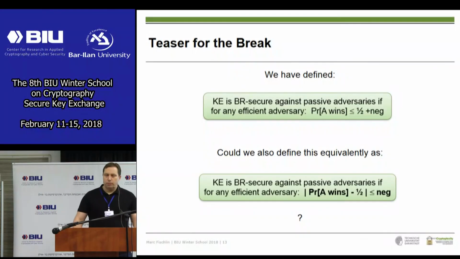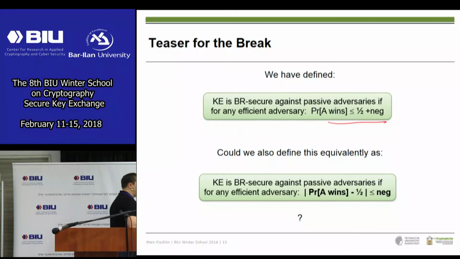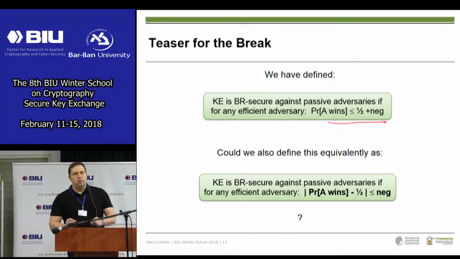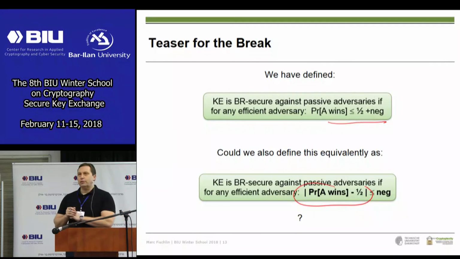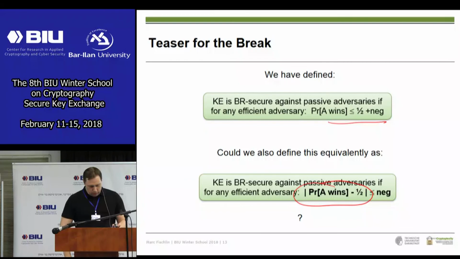Very often, for example in encryption, you can just say that it is bounded from a half, on either the positive or negative side, by something negligible. You can do this, for example, when you talk about security of an encryption scheme. So here's the question: can you do the same for key exchange? And if you want a reference to a model, it would be that one, right?